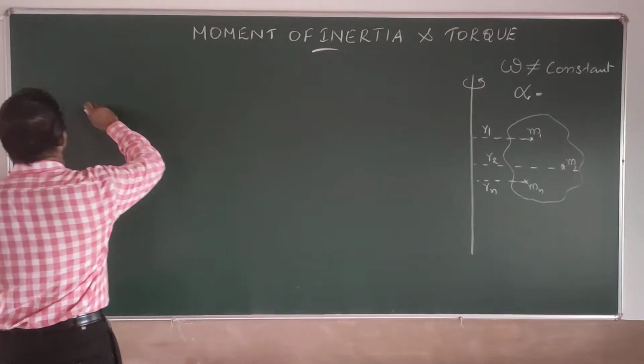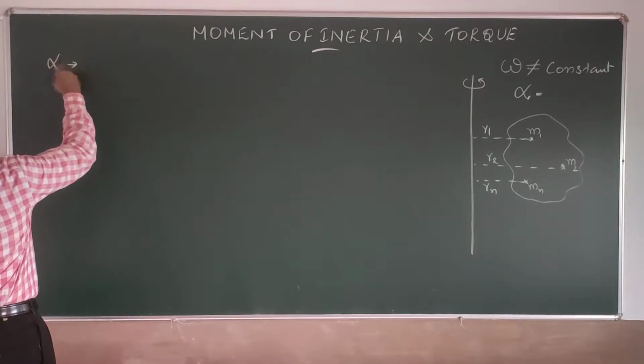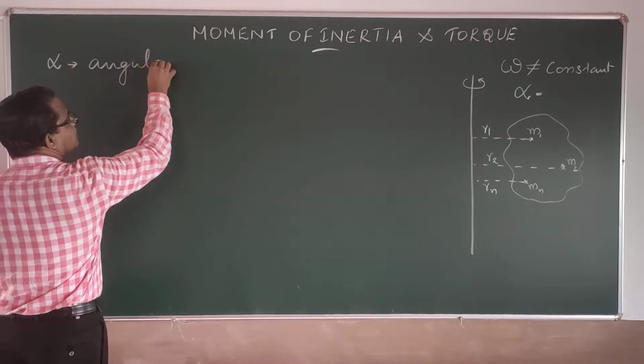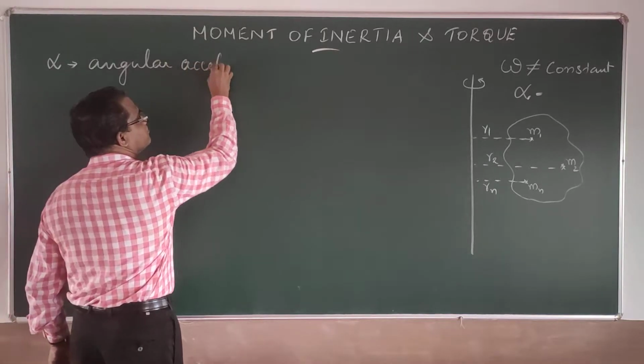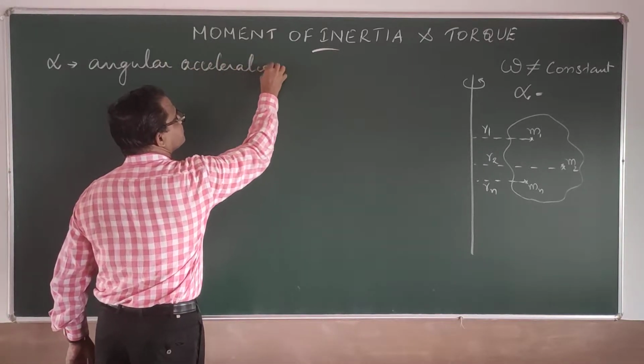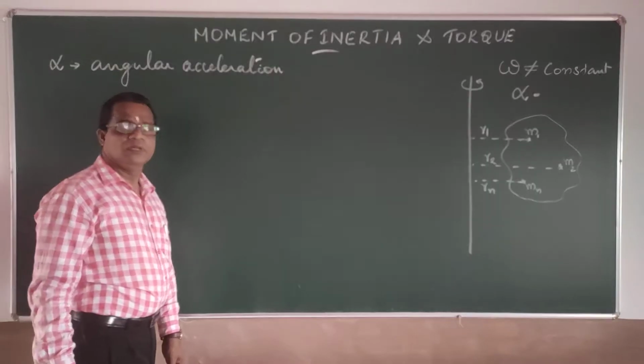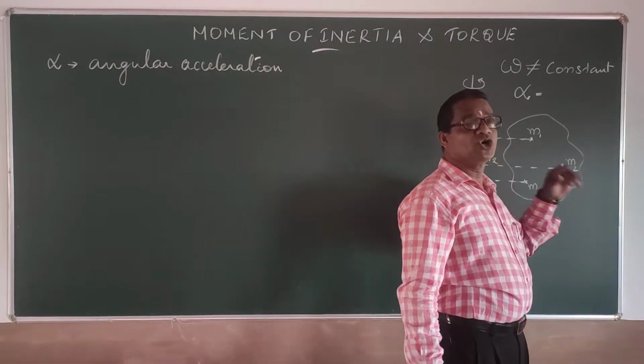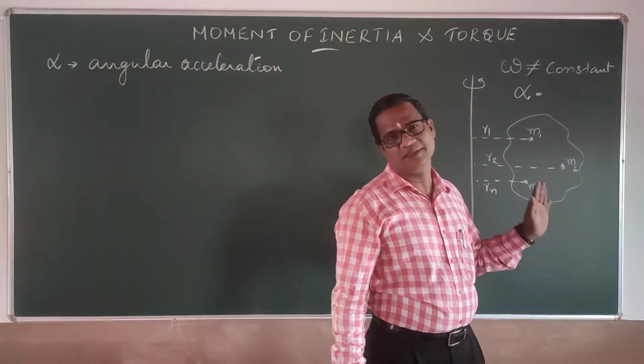So the body is rotating with an angular acceleration alpha, and this angular acceleration is assumed to be constant for the rotational motion considered here.